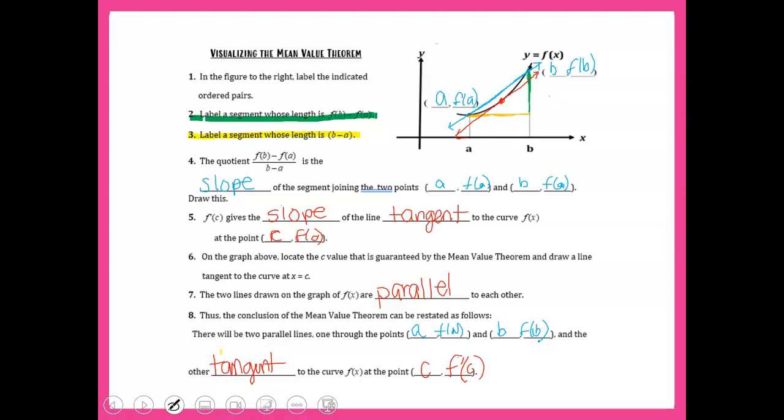Make sense? That is the mean value theorem visually. That is what it means. So as we go through and we talk about the mean value theorem and we apply it, that is what you are saying. You are saying, hey, I have 2 points on a graph. I have a third point on that equation that's going to give me parallel lines.